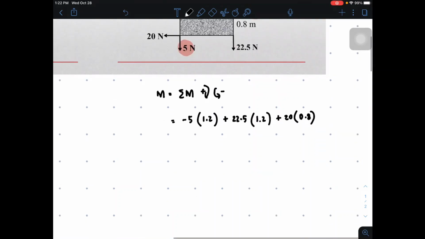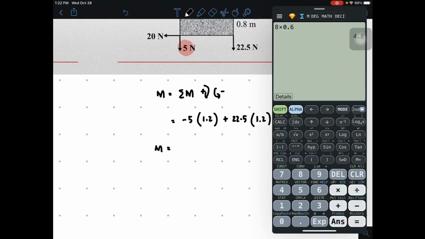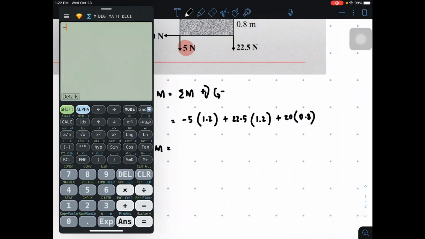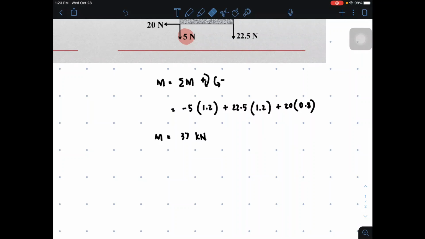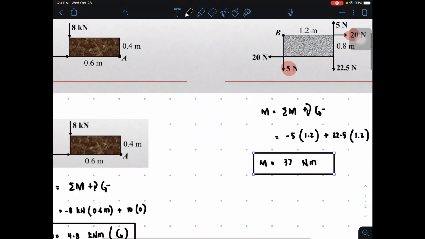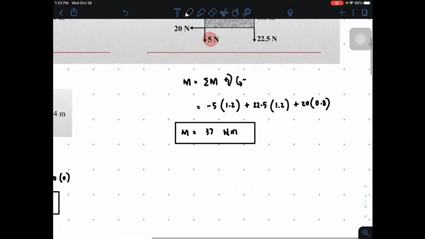So now we have the moment, and it's going to be negative 5 times 1.2 plus 22.5 times 1.2, then plus 20 times 0, and that is 21 newton meters. Sorry, that's 37 newton meters.